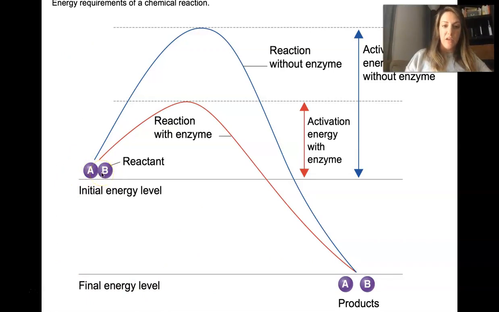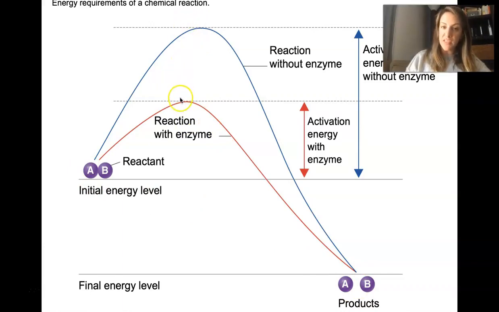And if we don't have an enzyme, then it takes a lot of energy to initiate this reaction, to go from our reactants A and B to our products over here. Okay, our enzymes reduce activation energy.